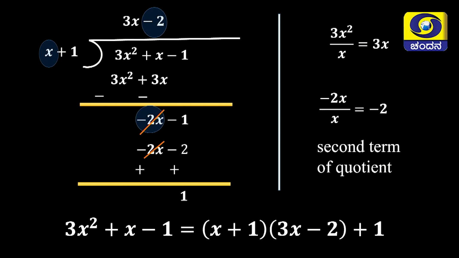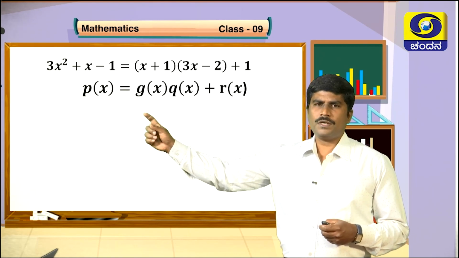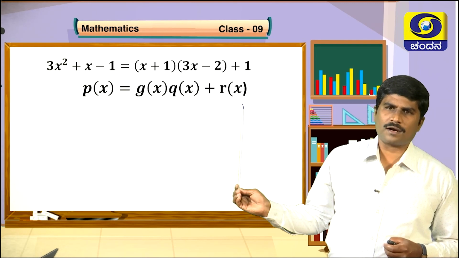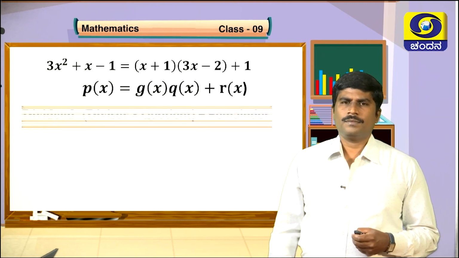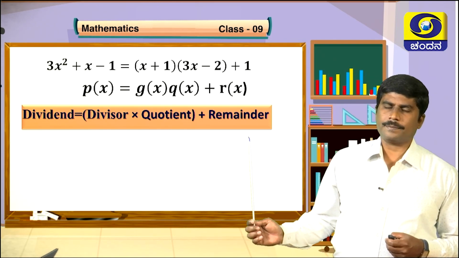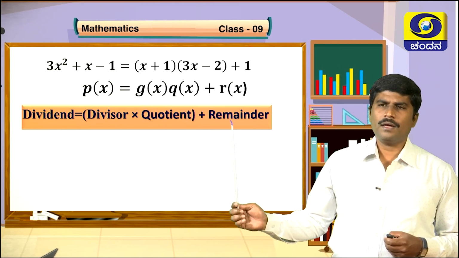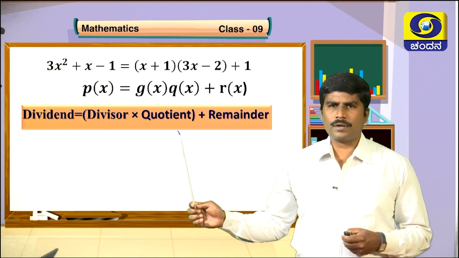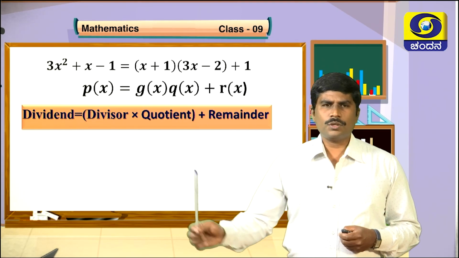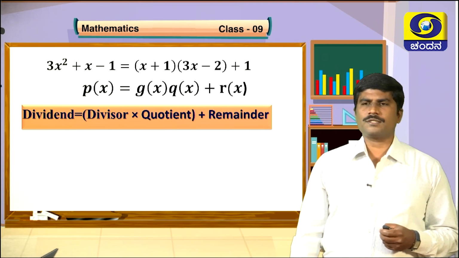In the same way, this shows p of x is equal to g of x into q of x plus r of x. So dividend is equal to divisor into quotient plus remainder. Here the remainder is denoted by r of x, the quotient by q of x, the divisor by g of x, and as usual the dividend is called p of x.